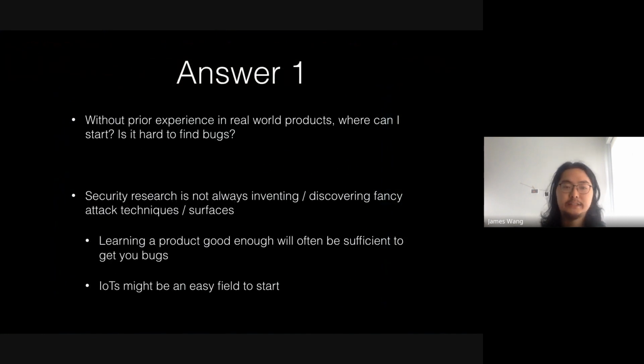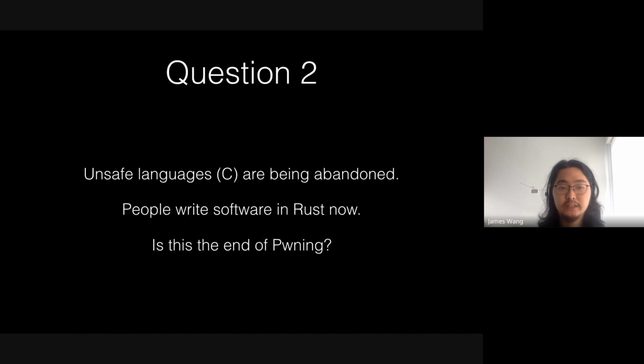So, okay, that's all for the first question. And now let's look at the second question. The second question people often ask me is that with all kinds of new mitigations coming out every year, and with people starting to implement those mitigations and actually caring about security, will binary exploitation still survive?